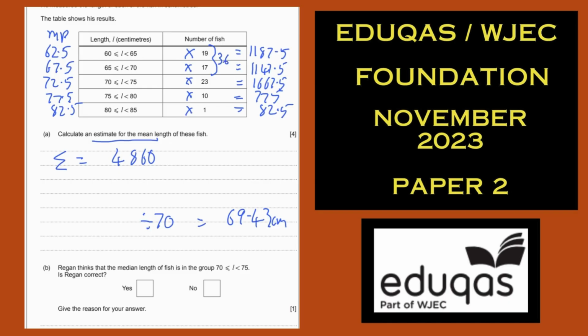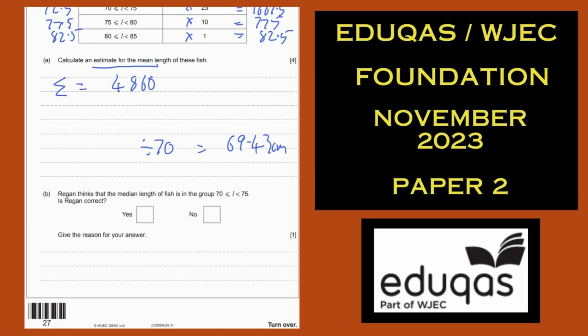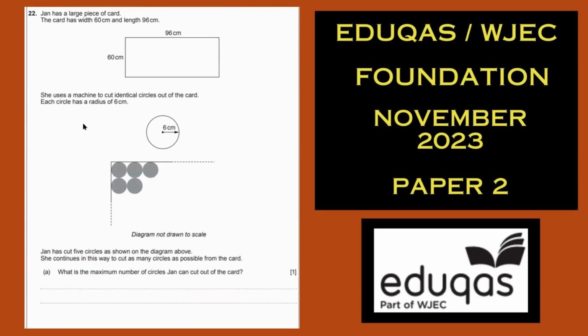So whether you worry about the 35th fish or the 35.5th fish, I'm afraid Regan is wrong, because the 35th fish is in the group before the one he thinks. It's in the 65 to 70 group, not the 70 to 75 group.